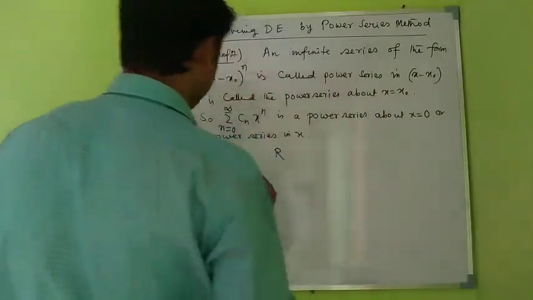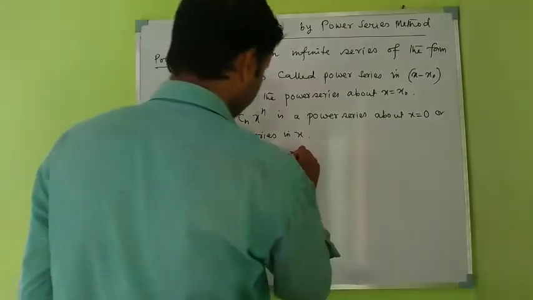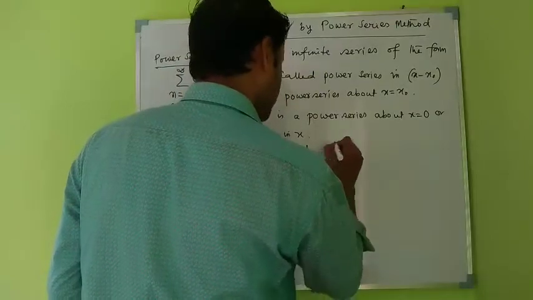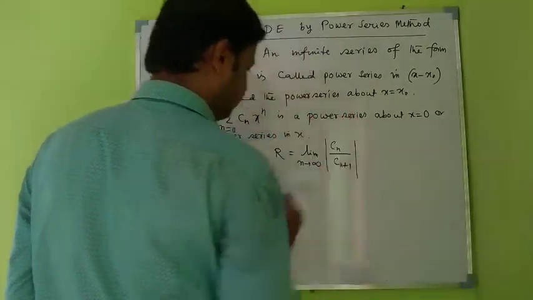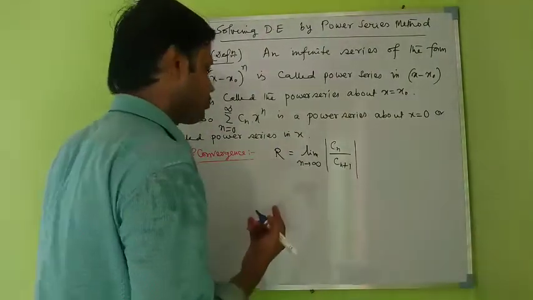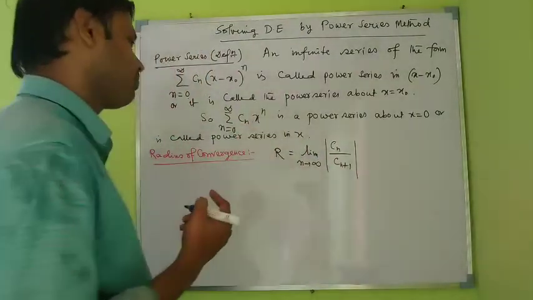We call R the radius of convergence, which equals the limit as n goes to infinity of the absolute value of Cn by Cn plus 1, the limit of the term Cn by Cn plus 1.